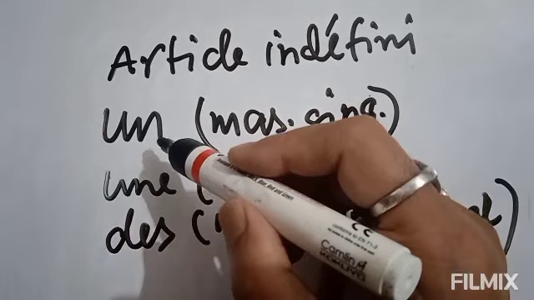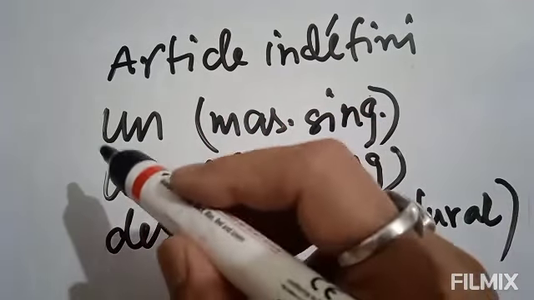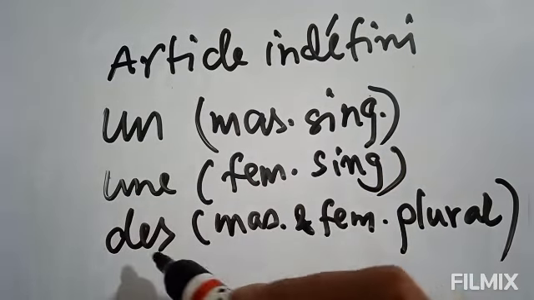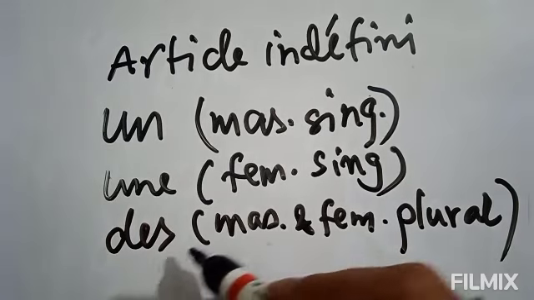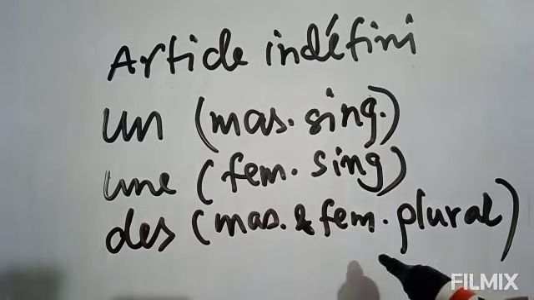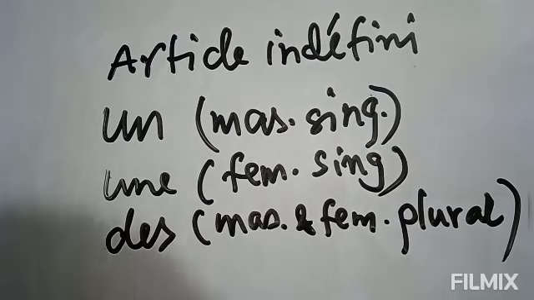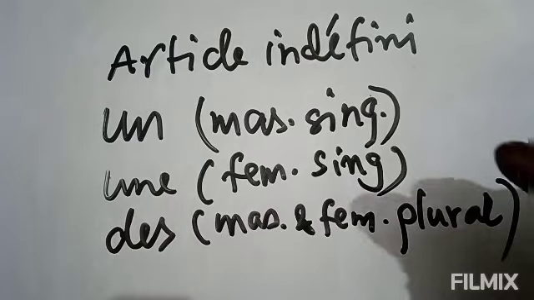First is un for masculine singular, une for feminine singular, and des for masculine and feminine plural. That's all for the three indefinite articles in French.